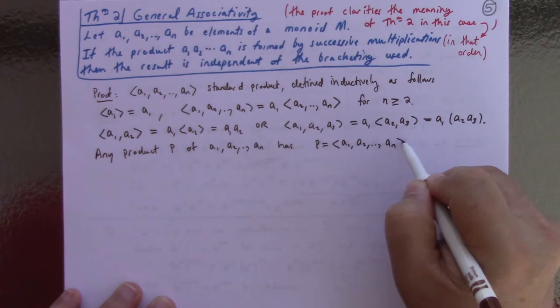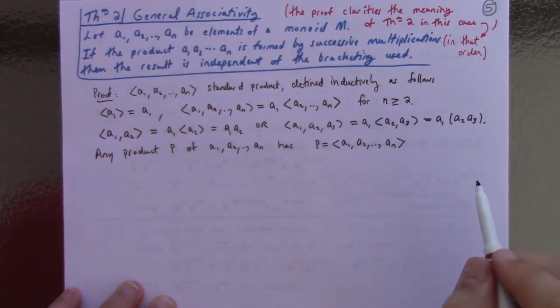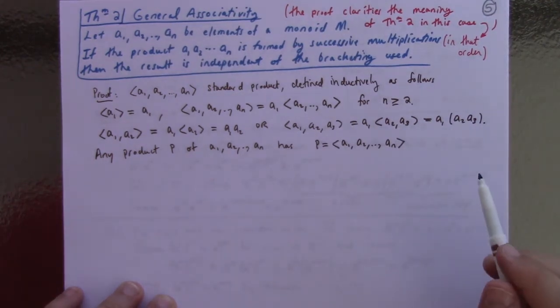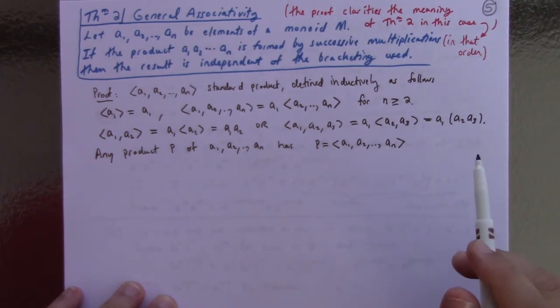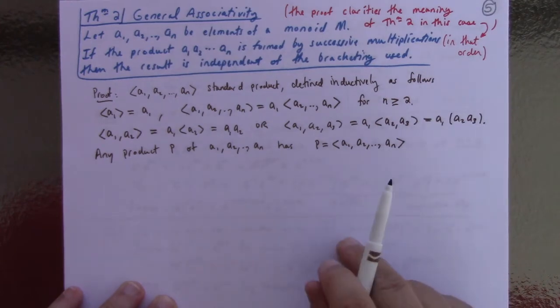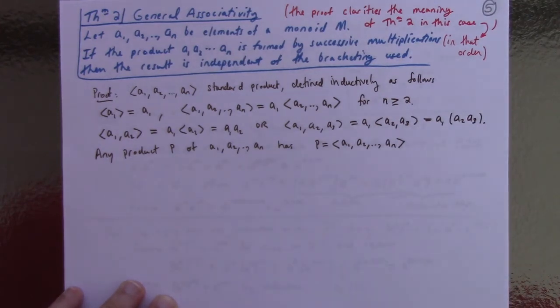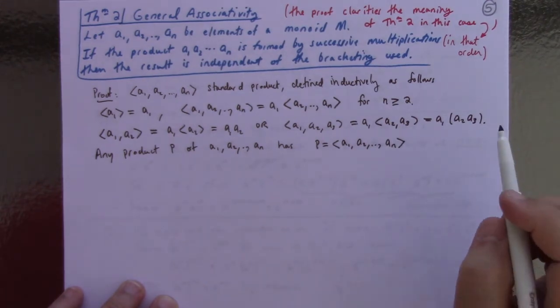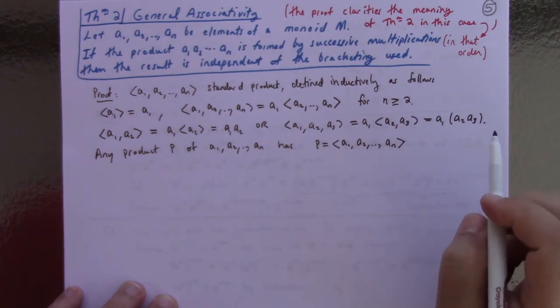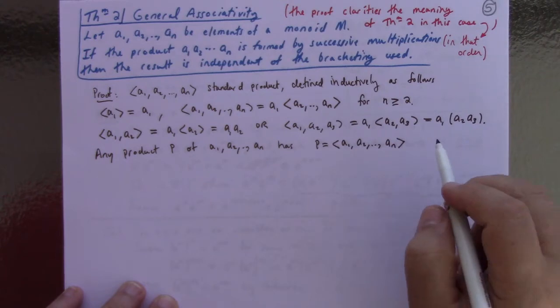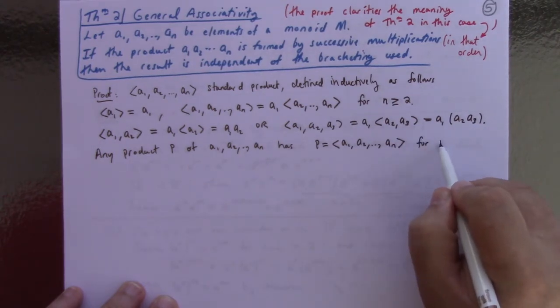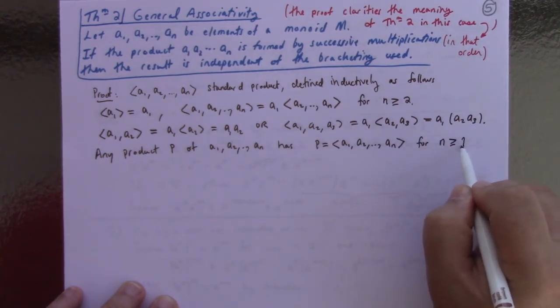In other words, we're using the standard product as an anchor. Any other possible bracketing we're going to prove can be put back to the standard bracketing. And so we can just erase bracketing and be assured of the generalized associativity of the product. In other words, we don't need to write parentheses for products in a monoid. This is for n greater than or equal to 1, so the induction is going to be on the number of elements in the product.